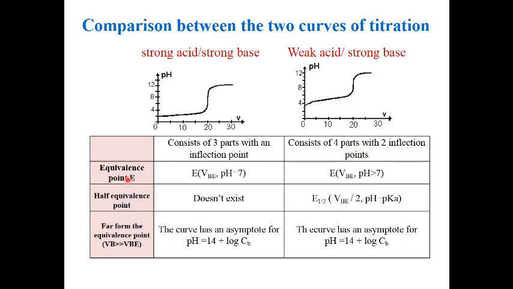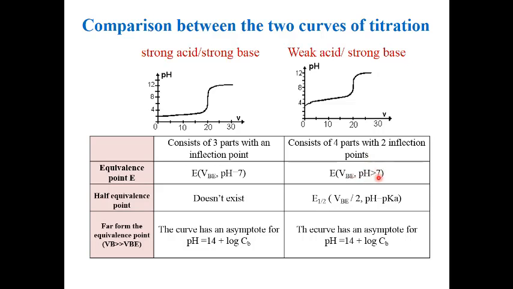Now, the equivalence point E, which is determined in both cases according to the 2 parallel tangents. What are the coordinates of this equivalence point? It is VB equivalence, meaning the volume of the base added at equivalence, and the pH is always 7 here. Here it is VB equivalence, definitely the amount of the base added, but the pH is always basic.